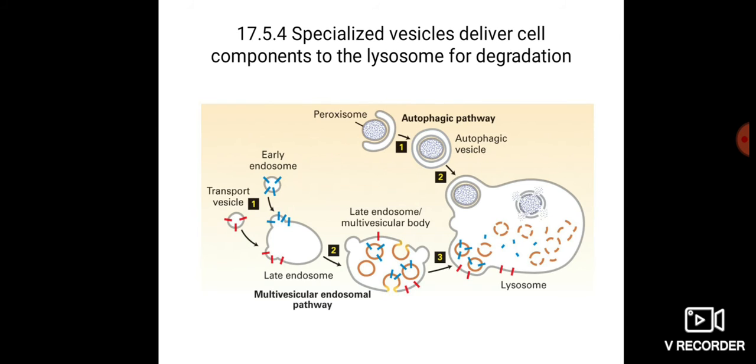Some of the lipid components, vesicle components which get produced at the endoplasmic reticulum or at the Golgi complex, will also act as autophagocytic vesicles. They go and encircle the organelles and form autophagosomes, which again get transported and fuse with the lysosome, and the lysosome further degrades the particular organelle.